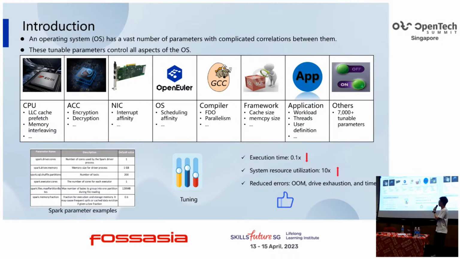Then we want to tune these parameters. There are several advantages. For example, the execution time of Spark can drop 10 times, and the system resource utilization can go up 10 times, and we can also reduce some errors, such as OOM and timeout, and so on.